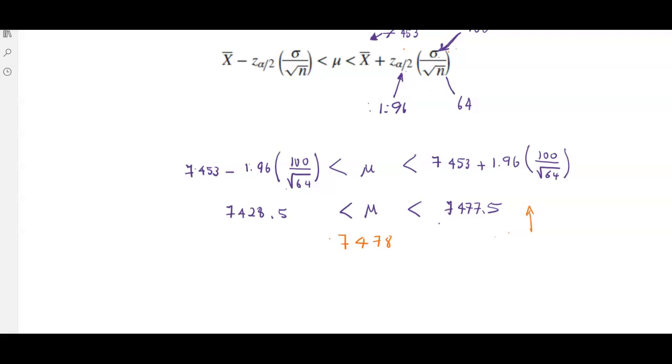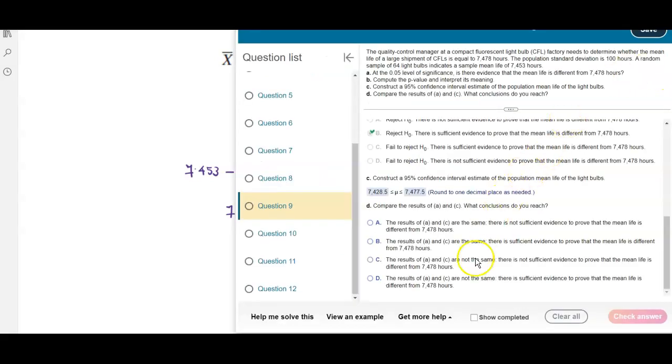So we have enough evidence to reject the null hypothesis as well. Here again, the results A and C are the same, so they must be the same. So it should be A or B, and so there is sufficient evidence. This should be the right choice. And that's all.